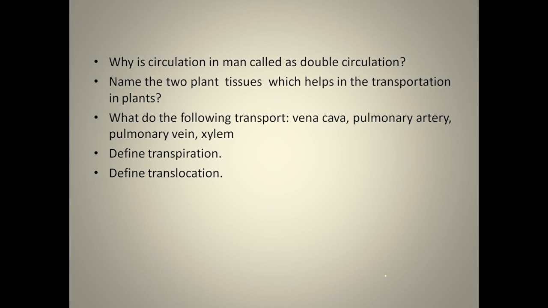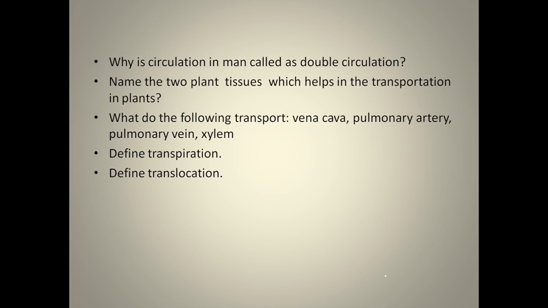Now, name the two plant tissues which help in the transportation in plants. We told xylem helps in water transportation and phloem helps in food transportation. Next is, what do the following transport? Vena cava: we told that the inferior vena cava and superior vena cava carry deoxygenated blood into the heart.